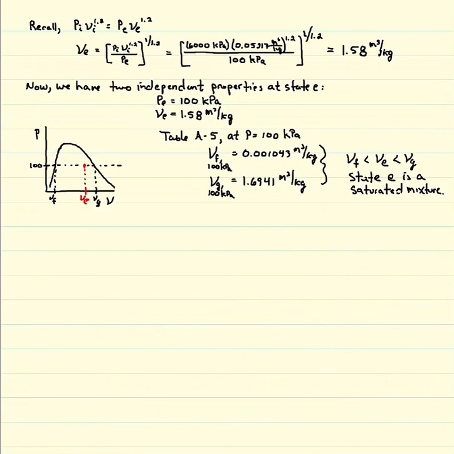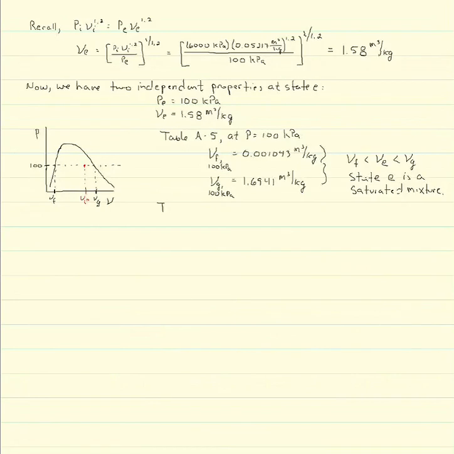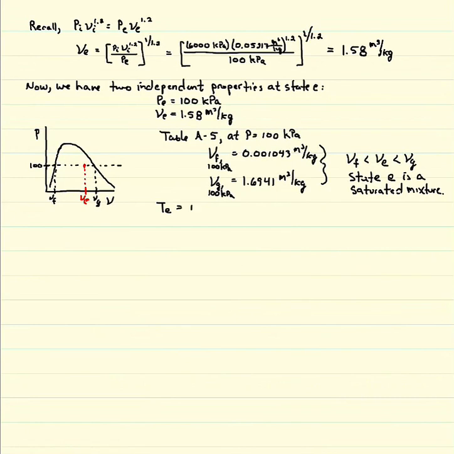Now, because state E is a saturated mixture, our exit temperature is going to be the saturation temperature at a pressure of 100 kPa. So T_E will equal T_sat, the saturation temperature, at 100 kPa. And of course, we can get that from table A5 as well, from the saturation table data. And that saturation temperature at a pressure of 100 kPa is equal to 99.61 degrees Celsius.